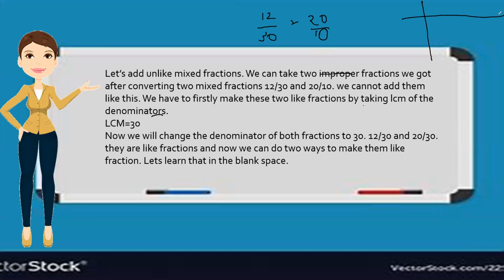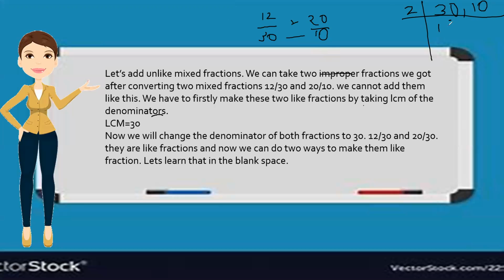We take the LCM in this way. We put both the denominators here, 30 and 10, and we use only prime numbers here, starting with the smallest prime number, that is 2.